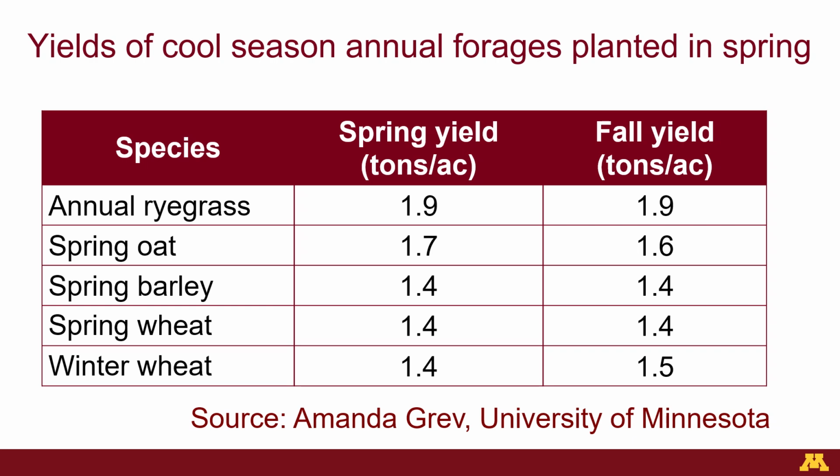Spring barley has a spring yield of 1.4 tons per acre and a fall yield of 1.4 tons per acre. Spring wheat has a spring yield of 1.4 tons per acre and a fall yield of 1.4 tons per acre. Winter wheat has a spring yield of 1.4 tons per acre and a fall yield of 1.5 tons per acre. The source of this data is Amanda Grev from the University of Minnesota.